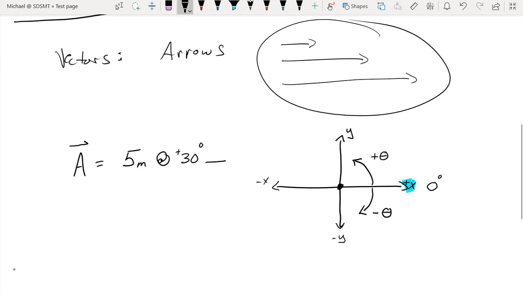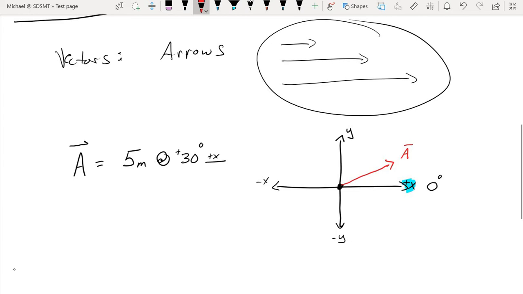So I'll just go ahead and put in positive x. Now that we know how long the vector is and where it needs to be pointing, we can do a quick sketch of what this vector needs to look like.